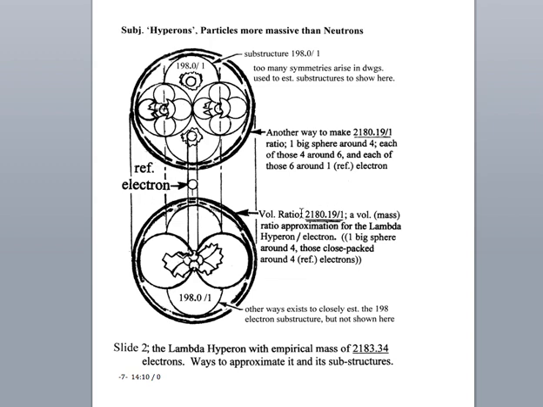The sketch above it, although differently built, gives the same ratio, biggest to each small sphere. And that ratio is very close to the major lambda hyperon particle mass compared to the electrons, 2183.34 to 1. That lambda hyperon is the most prominent particle among particles of greater mass than the neutron, and was among the earlier particles discovered.